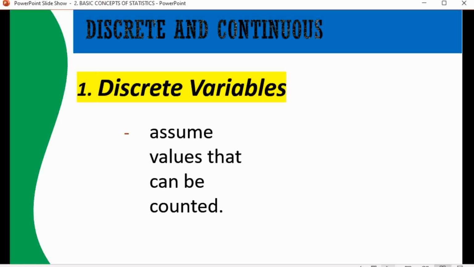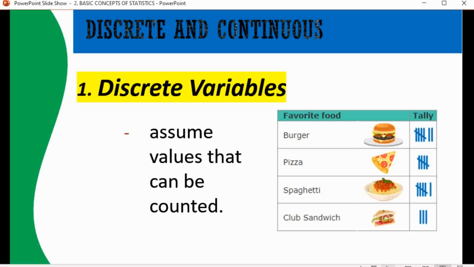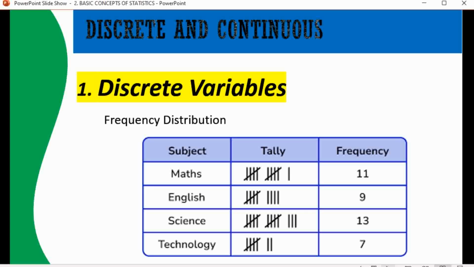So regardless of the form, suppose we would like to focus on rocks: large rocks, medium rocks, very small rocks. These are just counted as one, regardless of size. So in most cases, you're going to tally. That's discrete. In terms of representation, we will have frequency distribution, categorical frequency distribution.